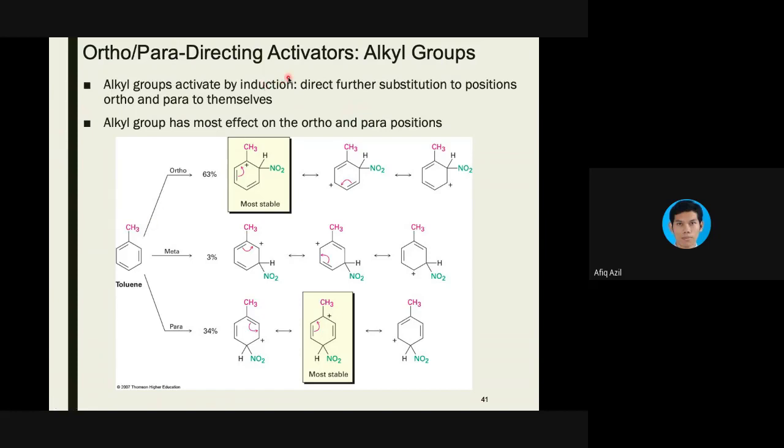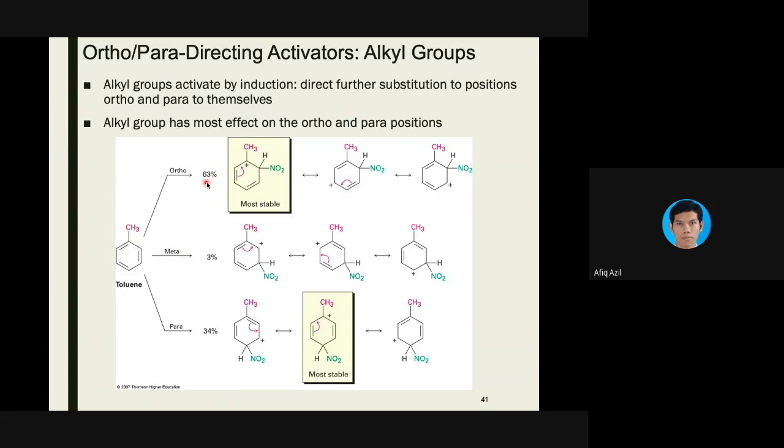directing activator, meaning that if this particular compound undergoes another nitration reaction, the new NO2 substituent will be either at the ortho position, which is 1,2, or in the para position, which is 1,4. So why doesn't it choose the meta position?